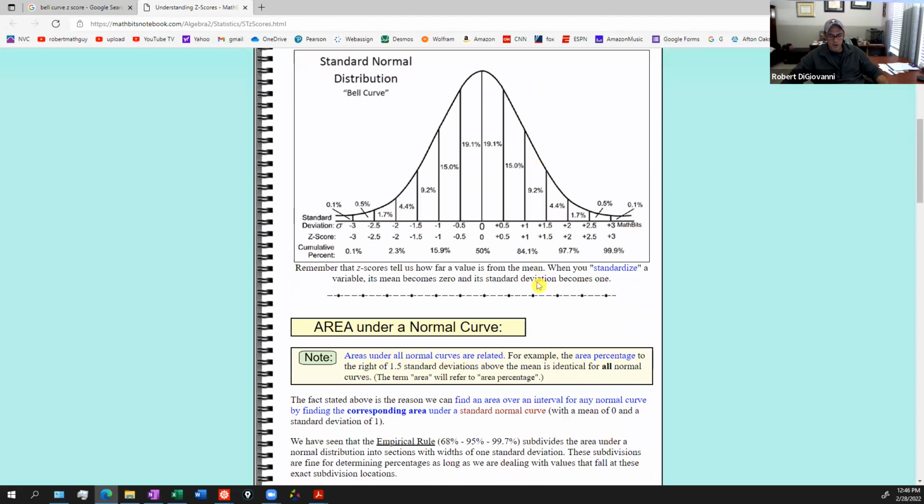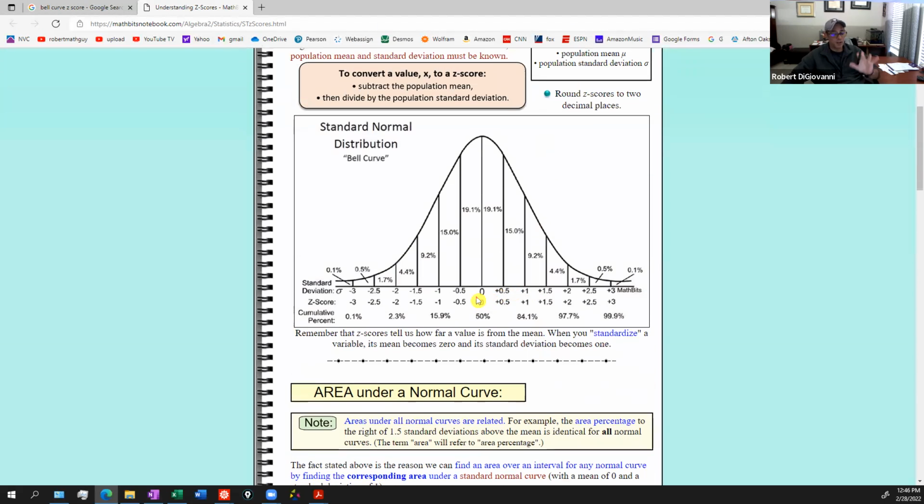This is simplifying it a lot, but if you have a standard normal bell curve, the area under it is 1. If you wanted to know the probability that you would be past 3 standard deviations, it's this area forever the rest of the way, and that area is 0.001.